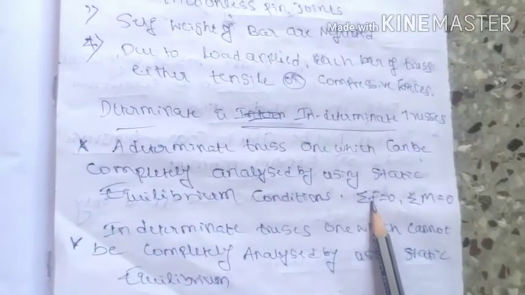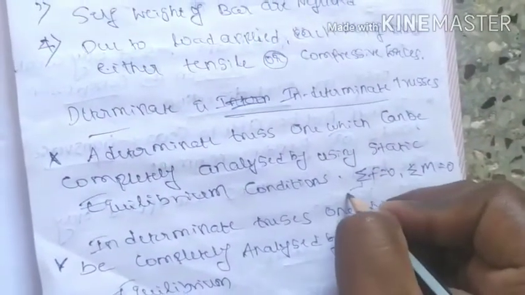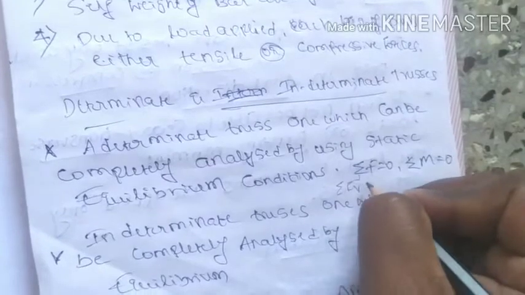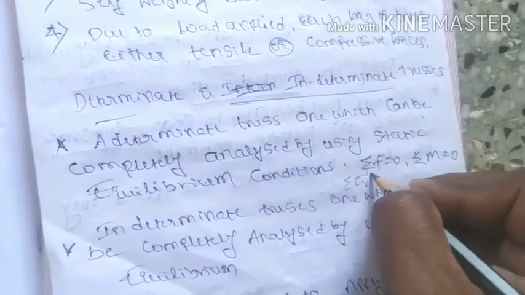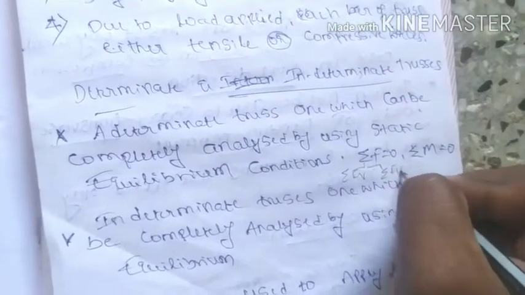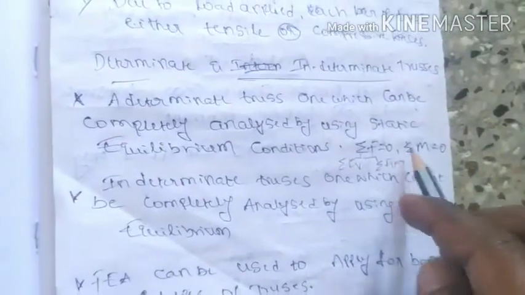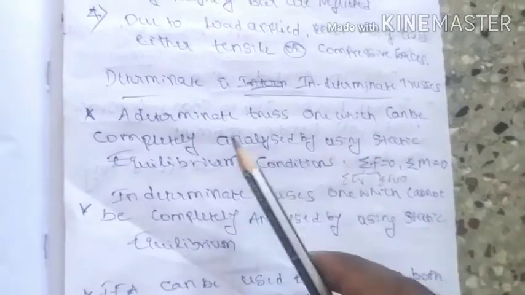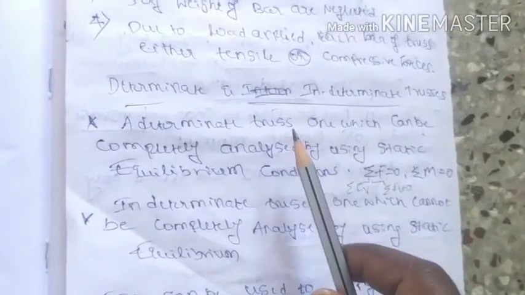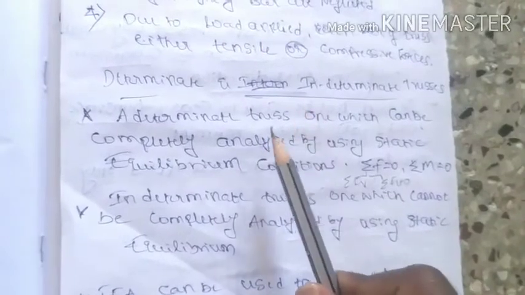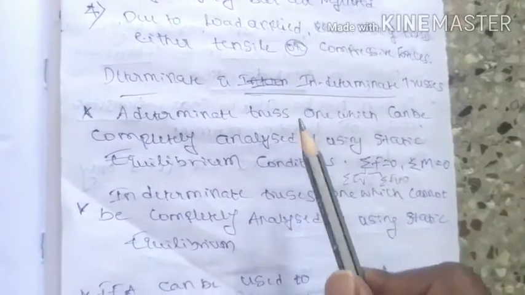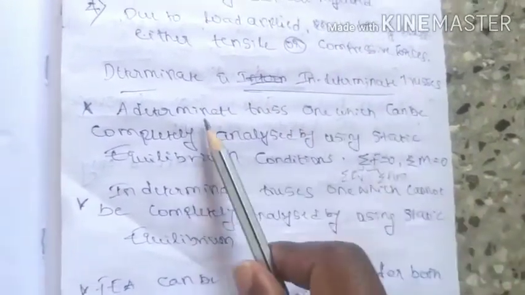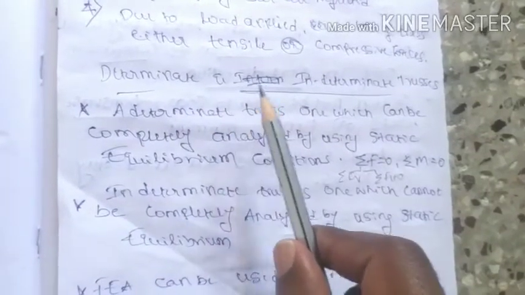There are only equilibrium equations present. One is summation of forces. In summation of forces again there are two types: summation of vertical forces equal to 0, as well as summation of horizontal forces equal to 0, and also summation of moment equal to 0. So if you are able to calculate the unknowns using these 3 equilibrium conditions, that is called a statically determinate structure, and with respect to trusses it is called statically determinate trusses.